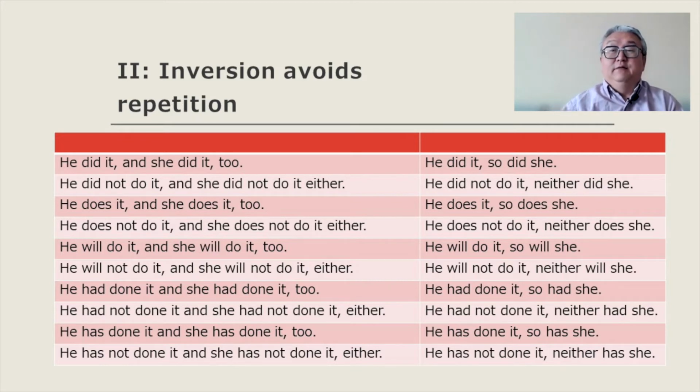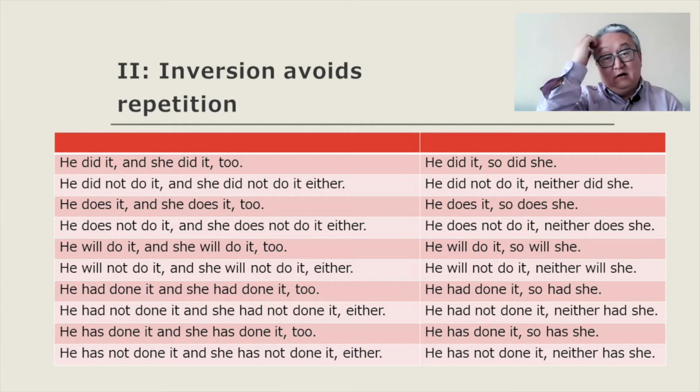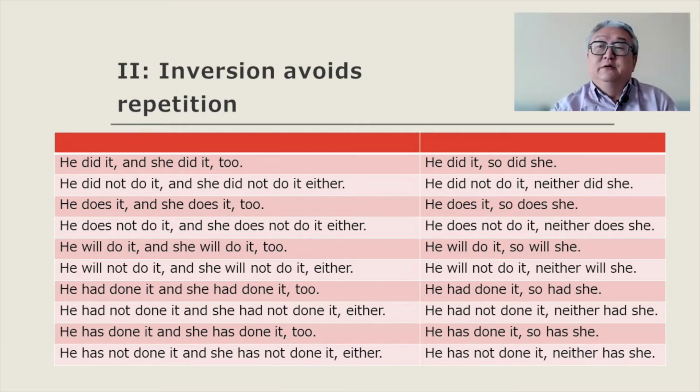So I listed all the sentences again with the verb do, so that we can see that the inversion really happens between the subject and the auxiliary. So you have to be aware of the auxiliaries. For example, he does not do it, and neither does she. He will do it, so will he, or so will she. He will not do it, neither will she.